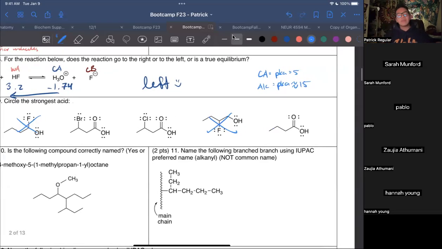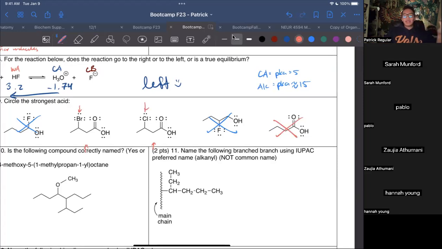So now let's look at the difference between the 3. These 3 have the same base carbon structure, so let's look at the inductive effect. These 2 have electronegative atoms on a distant carbon that's pulling electron density away from that oxygen. That helps acidity: the more electron density pulled away from the acidic proton, the more acidic it is. So I know it's not going to be this one, because these have those electron-withdrawing functional groups.